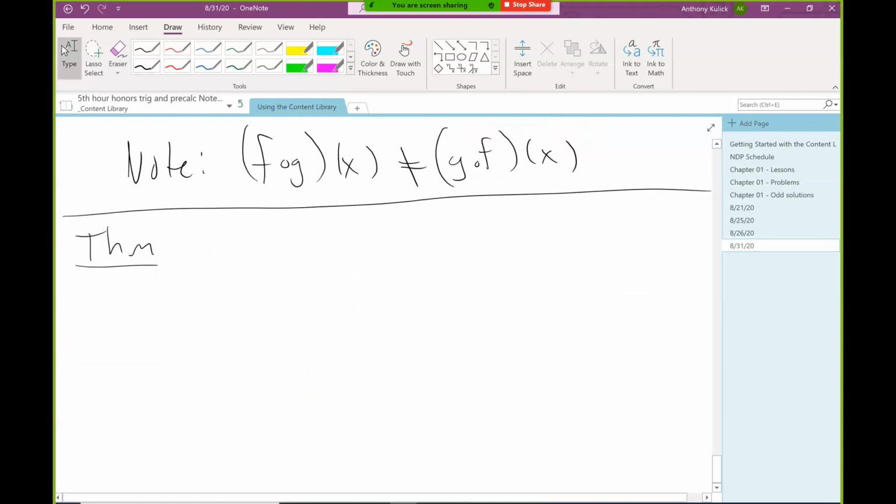One of the special situations in which they are is covered in this theorem.